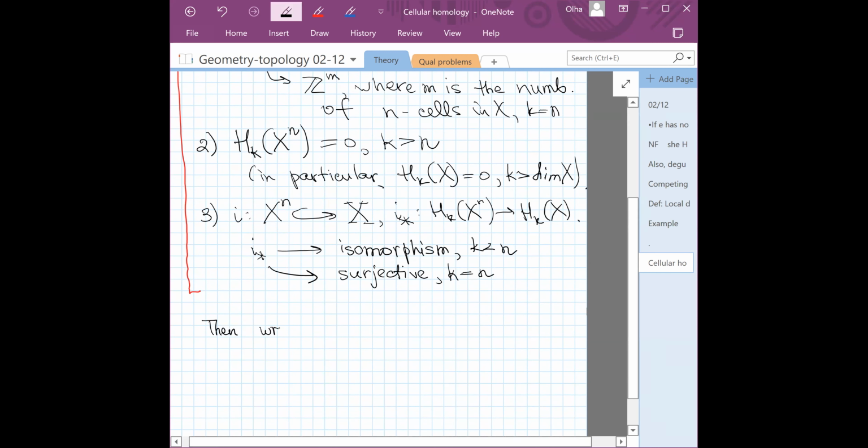Then we can write a long exact sequence for this one. That's one of the things that Luna did.